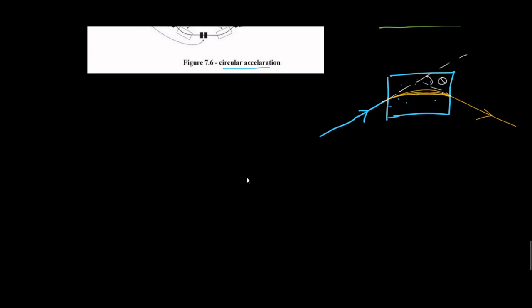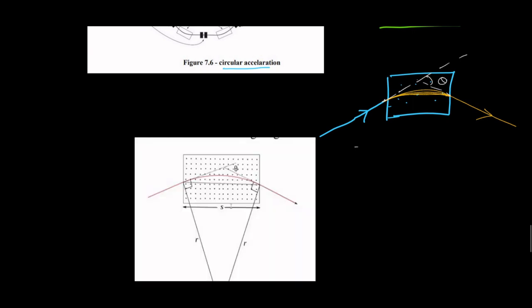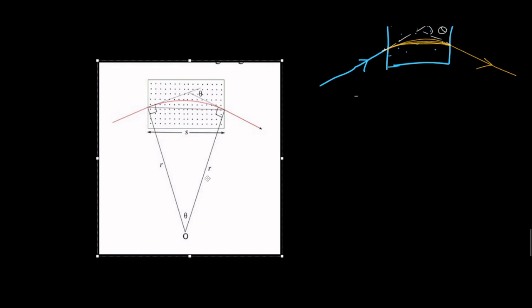So if I draw, let's look at this. Now we have a magnetic region with dots. When this particle is entering over here, this is the direction of the particle v, and the magnetic field is out of the screen. So if we mark the direction of force, it's towards the center. Now this undergoes a circular motion.